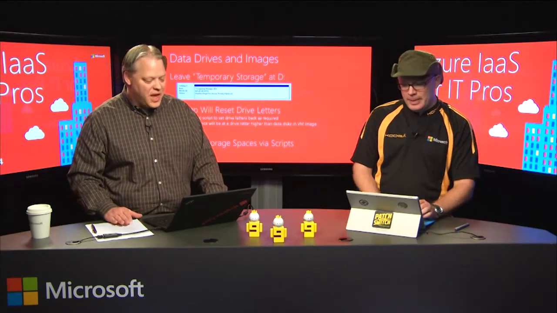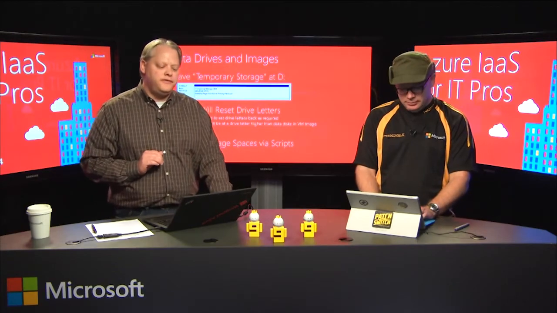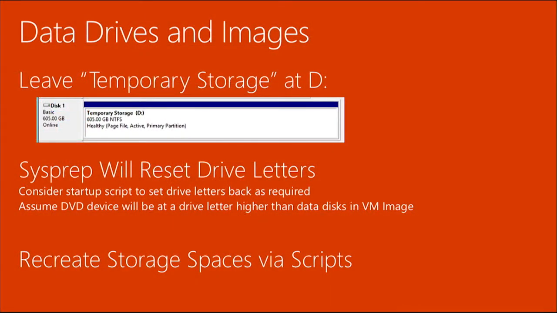Okay. We also want to talk about, and where it comes into very interesting, is the management of the drives, the data drives, the temporary storage drives in the virtual machine. Now, if you saw Corey's session, he mentioned that the D drive in Windows is a temporary storage drive. We'll show that in the virtual machine, but it's important to remember that it is local within the virtual machine. It is not stored in external blob storage, and so that can be lost or will be lost if the machine is deallocated from the system.